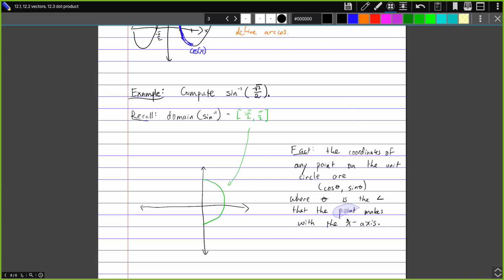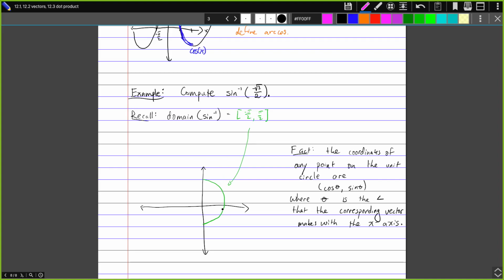So what do I mean by that? Well, I should really say the vector. The angle that the corresponding vector makes with the x-axis.